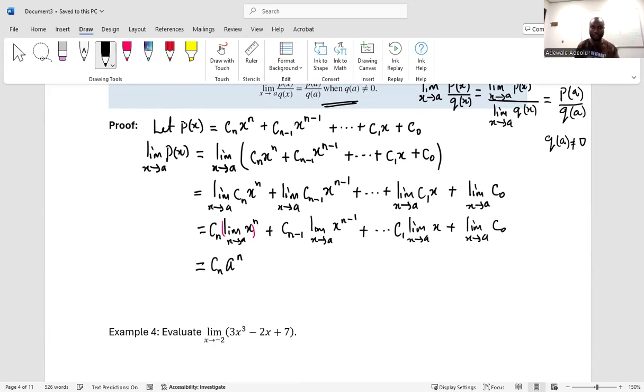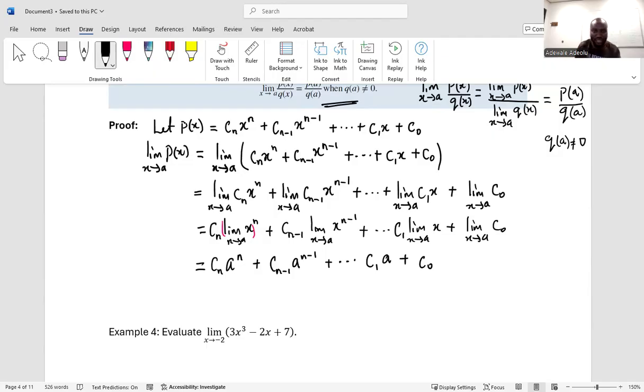Then I will put the power there. The same thing, C sub n minus 1 times a^(n-1), plus dot dot dot C1 times a, plus, well, this is a constant function, so it remains a constant function as x goes to a.